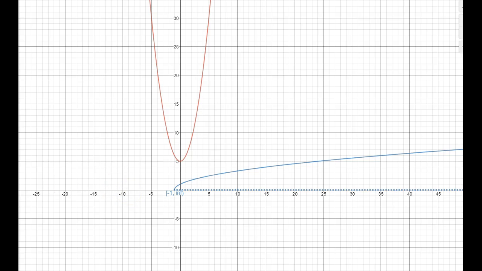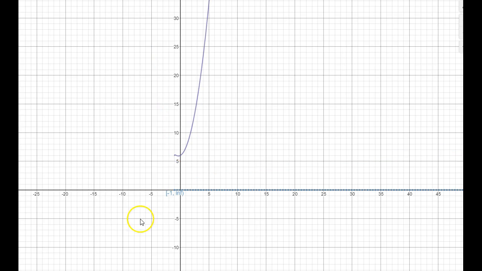So I'm going to look at the graph of f of x plus g of x. You can see that it doesn't go to the left of minus 1, but it goes on up to infinity. So this also has the same domain that g had, the more restricted one.